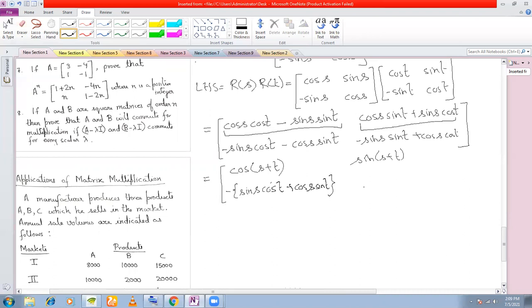Right? And here, what do you have? Here you have cos S cos T. That means cos A cos B minus sin A sin B. That means this should be again cos (S plus T), or T plus S, whatever. Right?